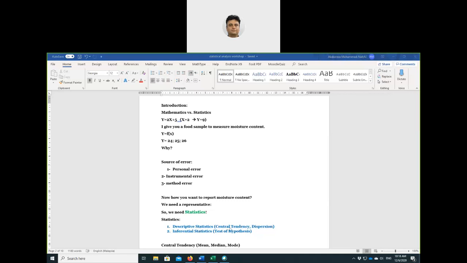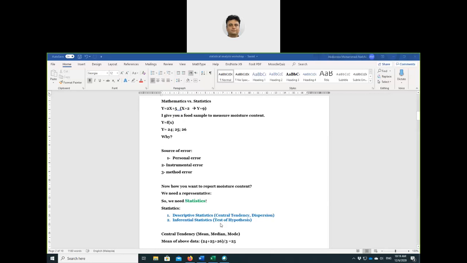So we have two types of index: central index and dispersion index, or variability. In inferential statistics, we test the hypothesis, and I will describe this in the next steps.